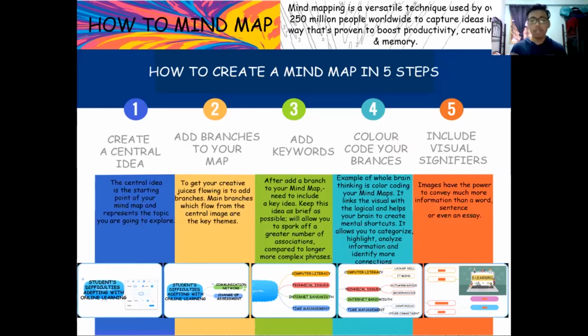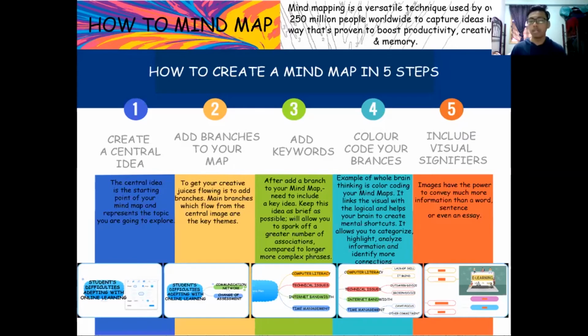Let's say you have a paper, and you draw a bubble at the center and write your central idea, and then you add branches to your map. You can add as many branches as you want, but here I only add 2 branches, as you can see in the slide as an example, and then you add your keywords.